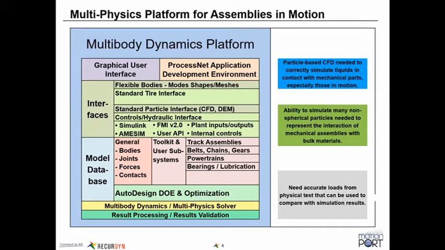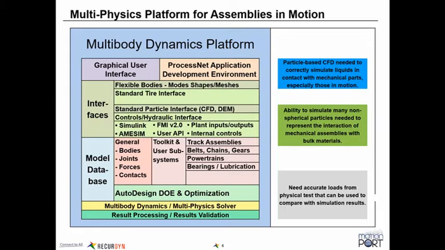Okay, then the middle block here on the right column is talking about the discrete element modeling. So this is the ability to simulate a lot of particles that are in more of a dry state and actually are not necessarily spherical.